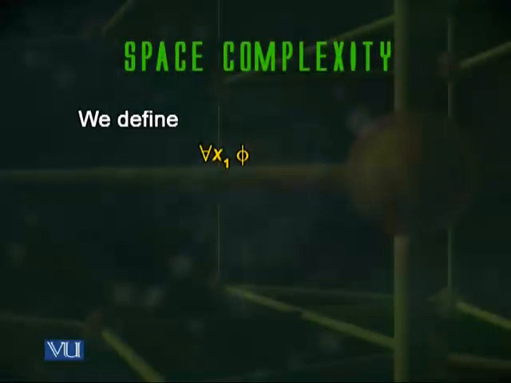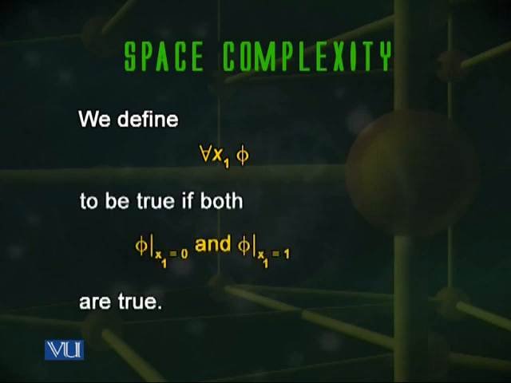Now what we do is we define for all x1 phi to be true if phi restricted to x1 equals 0 and phi restricted to x1 equals 1, if both these formulas are true. This way we define the truth of a Boolean formula on n variables based on whether these two Boolean formulas on n-1 variables are true or not.